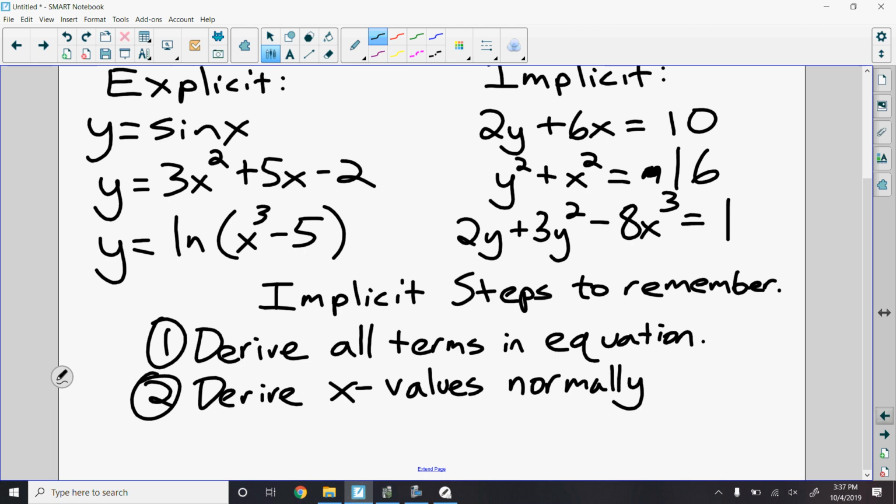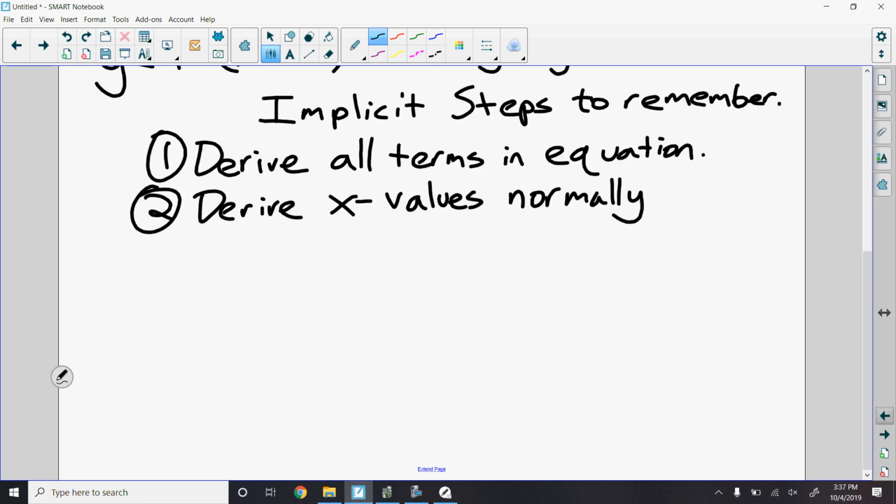Y's are where we have a little bit of a difference. When you come to a y term, do the derivative as normal, and then multiply by dy dx. Think of it like a chain rule, where we're multiplying by the derivative of the inner function y, which is dy dx.